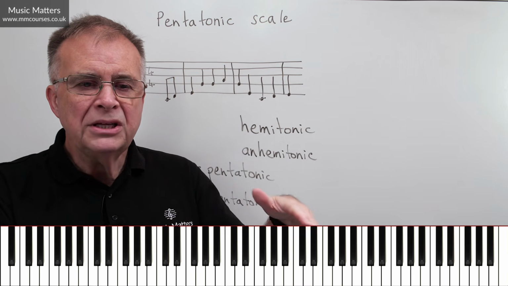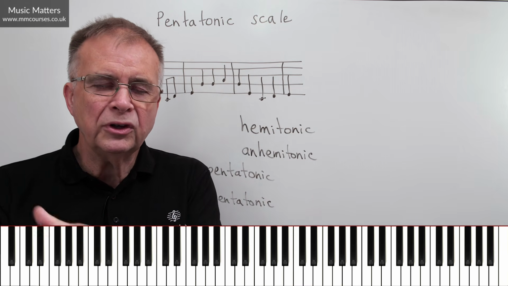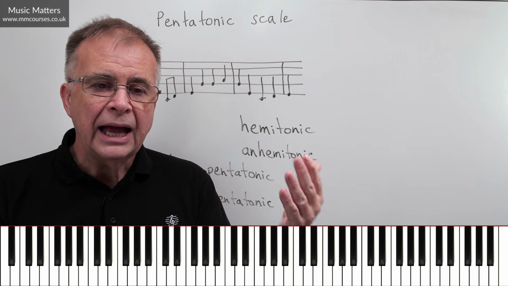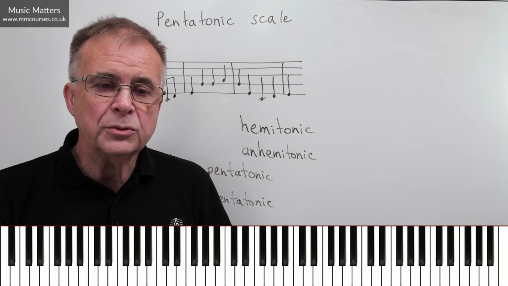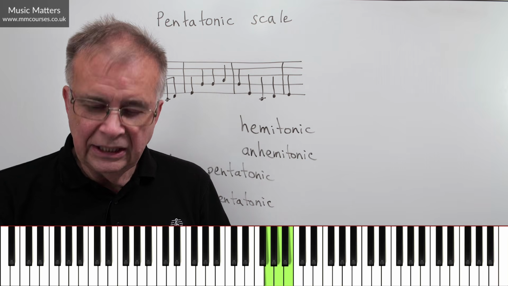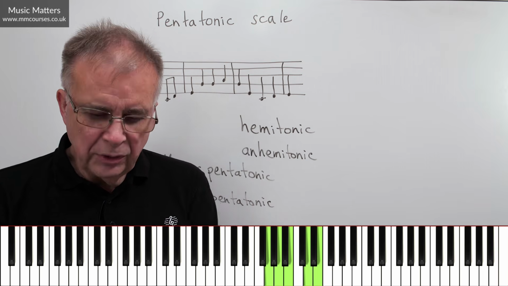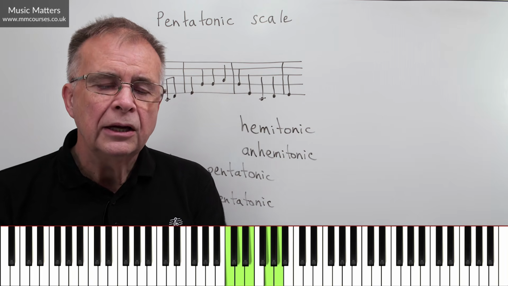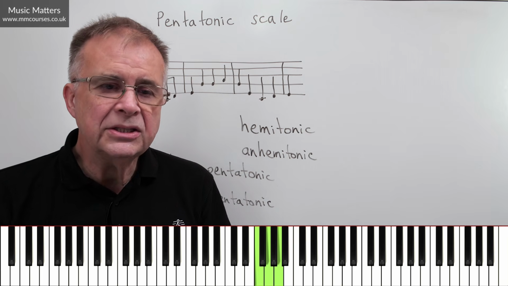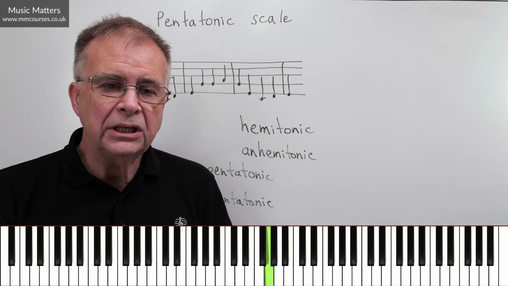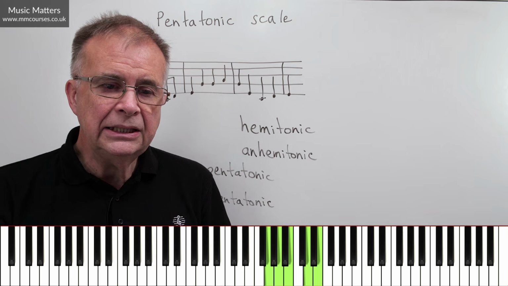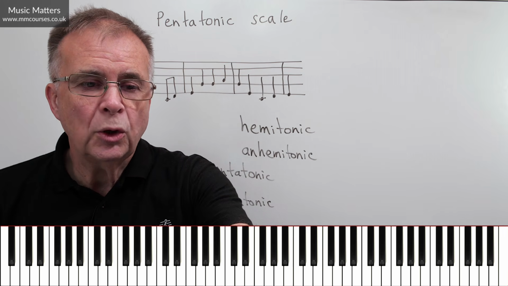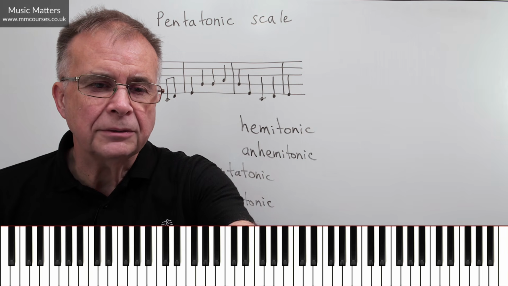So if you miss out the first and the fourth degrees of the C major scale, we can also end up with a third anhemitonic pentatonic scale, because we can go G, A, B, D, E. So do you see where we're coming to? So we've got C, D, E, G, A. We could also have F, G, A, C, D, and we could also have G, A, B, D, E. So those are different possibilities, aren't they, using the white notes of the piano.